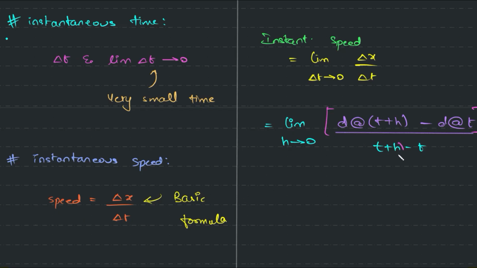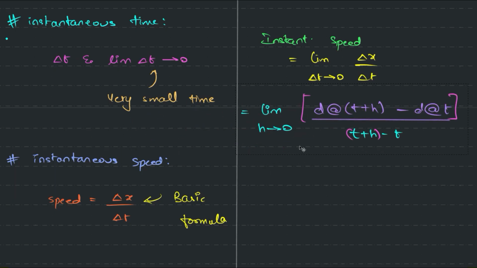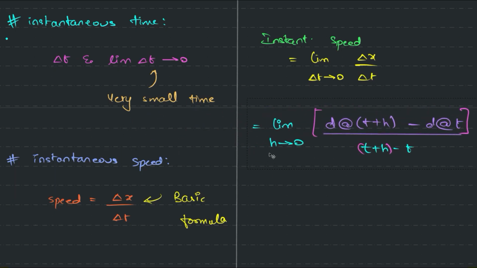We can discuss instantaneous speed as this as well. Distance at t plus h minus distance at t divided by t plus h minus t. This is your first principle derivative and all of that. So with that as well, we can discuss instantaneous speed.